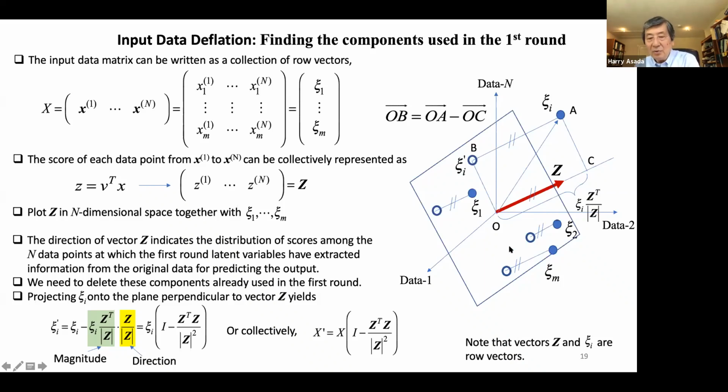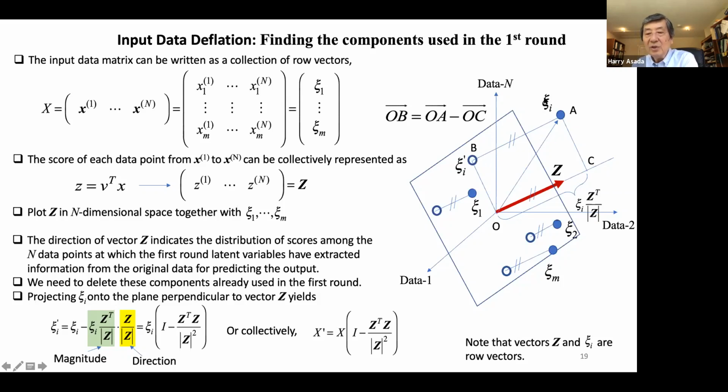Now what we'd like to do is to subtract the information taken in the first round operations. So this is the direction in which we use the information. For each of these original data points, we make a projection onto the plane which is perpendicular to this capital Z. In other words, we project this in parallel to this vector Z to this point.